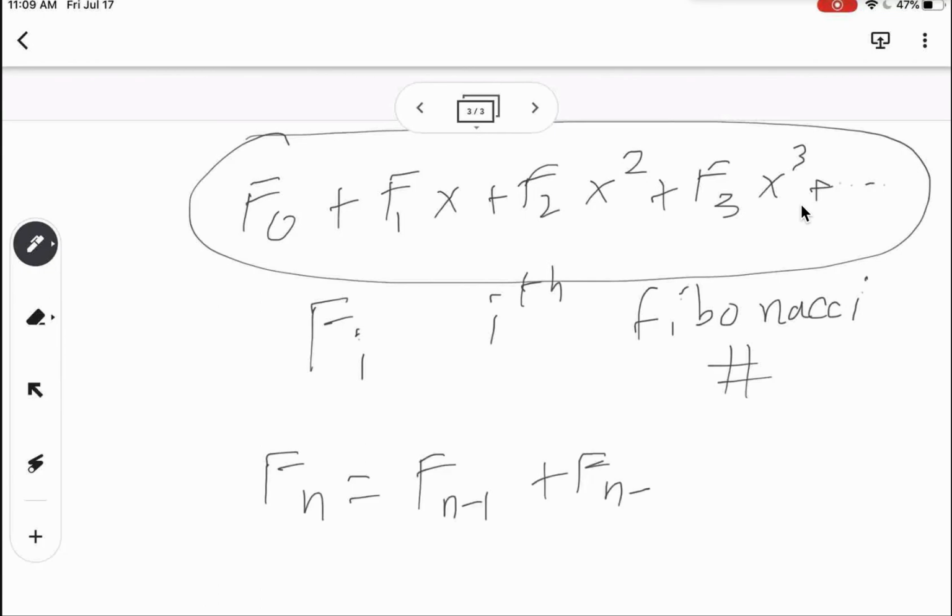For those of you who aren't familiar with Fibonacci numbers, the nth number is just the sum of the previous two numbers, and that's really just what a Fibonacci number is.